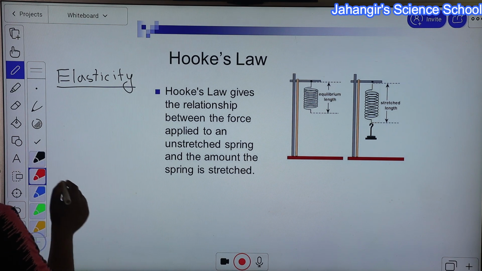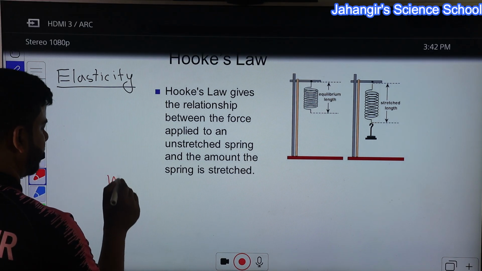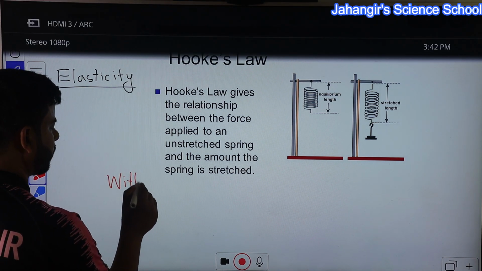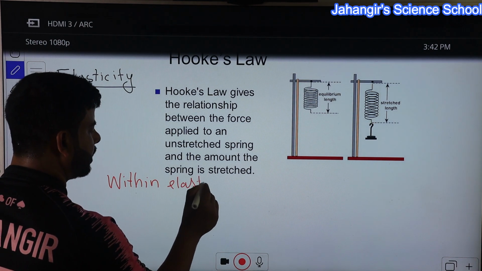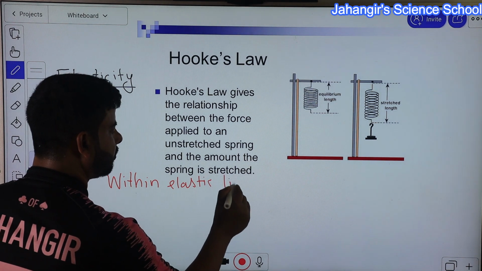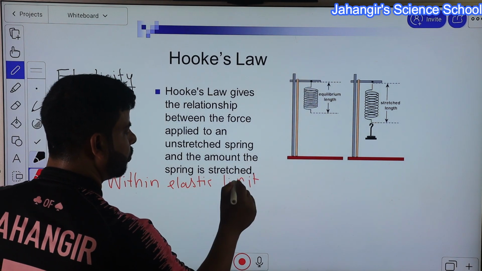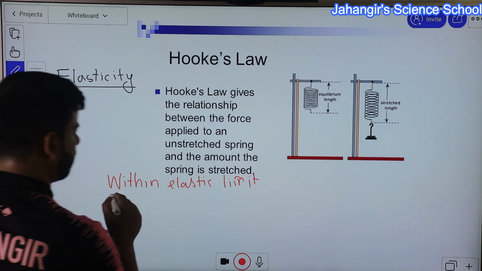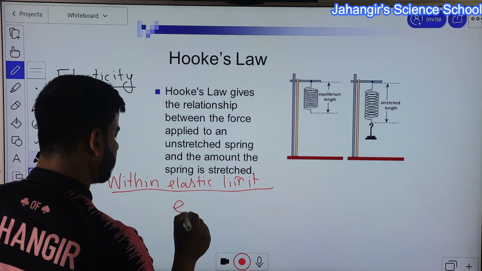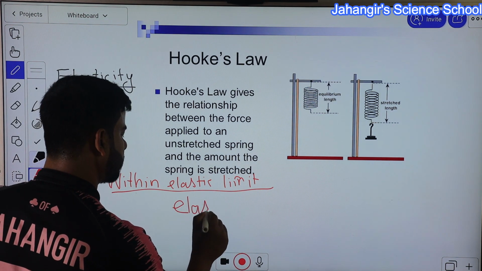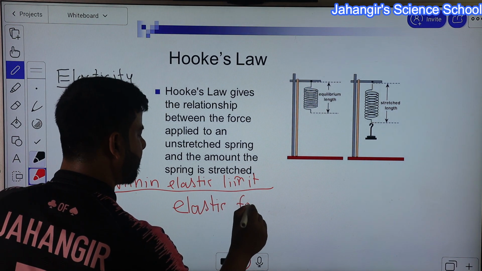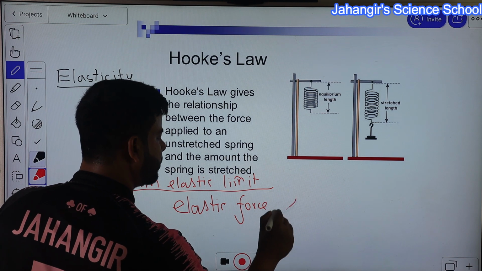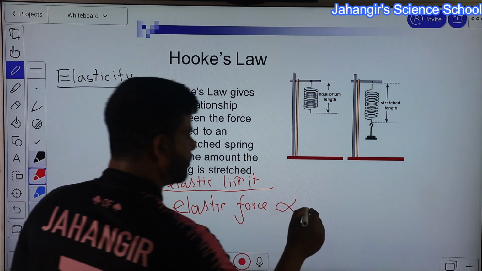So we can write: within elastic limit, elastic force is directly proportional to extension.